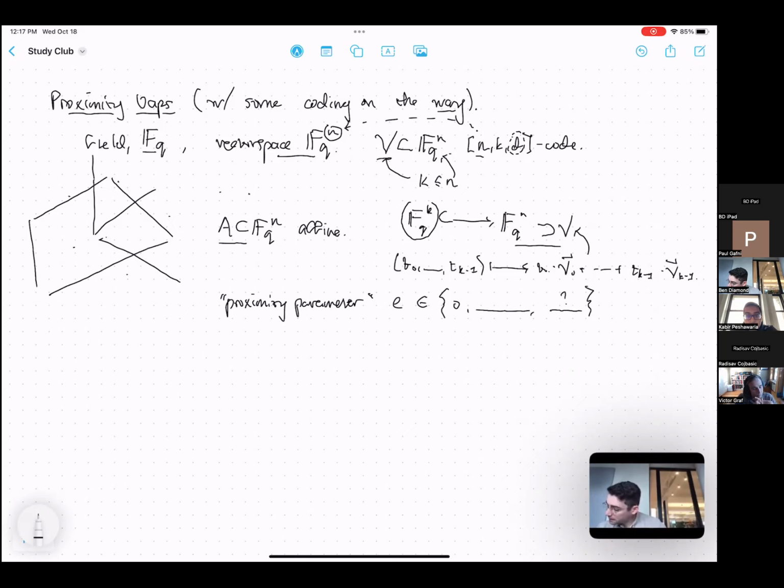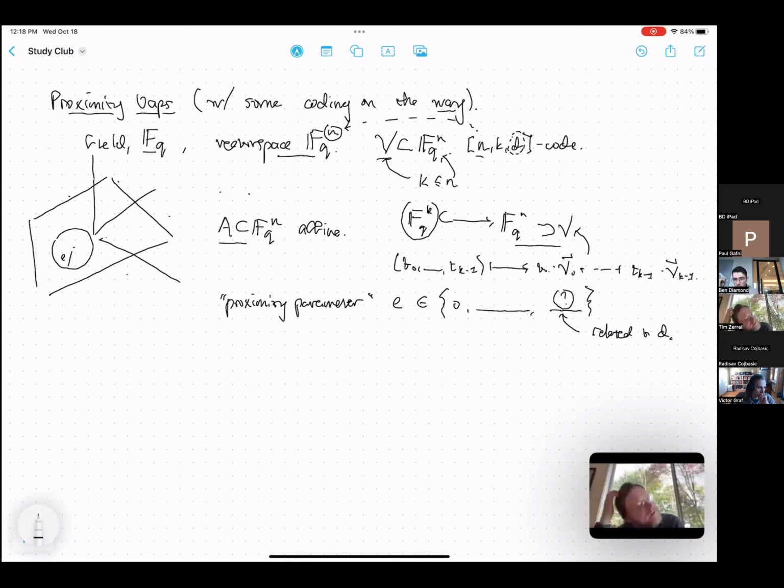Turns out that how high E can get is an important question, but let's not deal with that now. This will be related to D. Okay, now what is E? Well, what I'm going to do is draw a ball of radius E around every one of these code words.